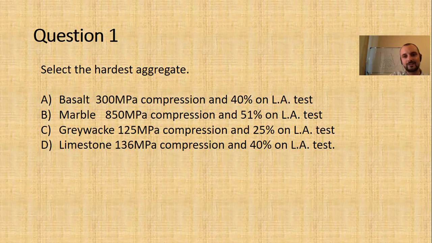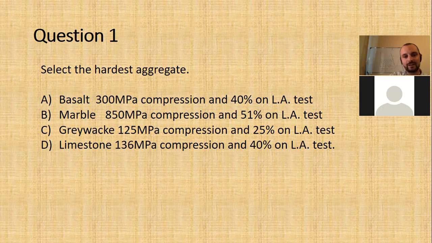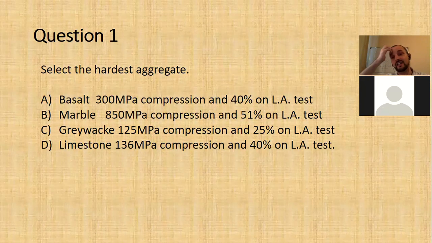Yeah. So remember, guys, it's not MPa. MPa is megapascals. That's a measure of strength, not hardness. The Los Angeles test measures hardness. And the lower the percentage, that means the smaller the amount that is turned to dust.